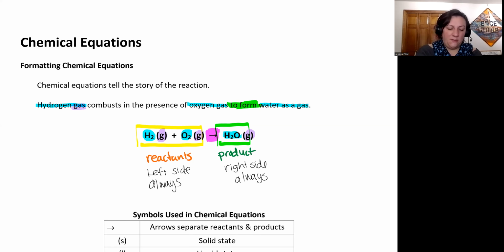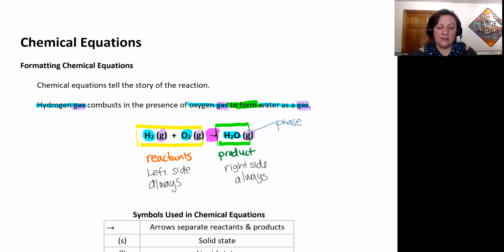And these are coming from the sentence telling us the phase of our compounds. So we're told that water is in its gas state. So it's going to be like a vapor in the air. Same with oxygen and with hydrogen. We would change the G to an S if it was solid, or an L if it was a liquid.